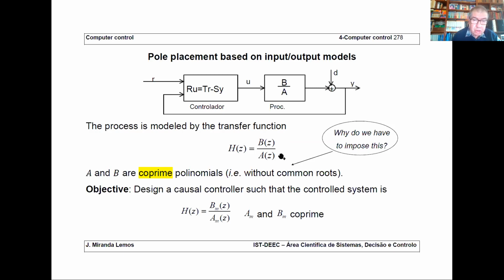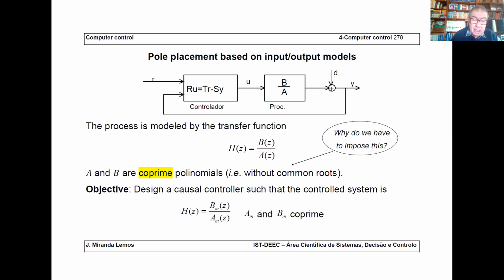Remember, we mentioned the controllability condition as some matrix having a rank equal to the order of the system, and it was an essential condition for the pole placement problem to have a solution.